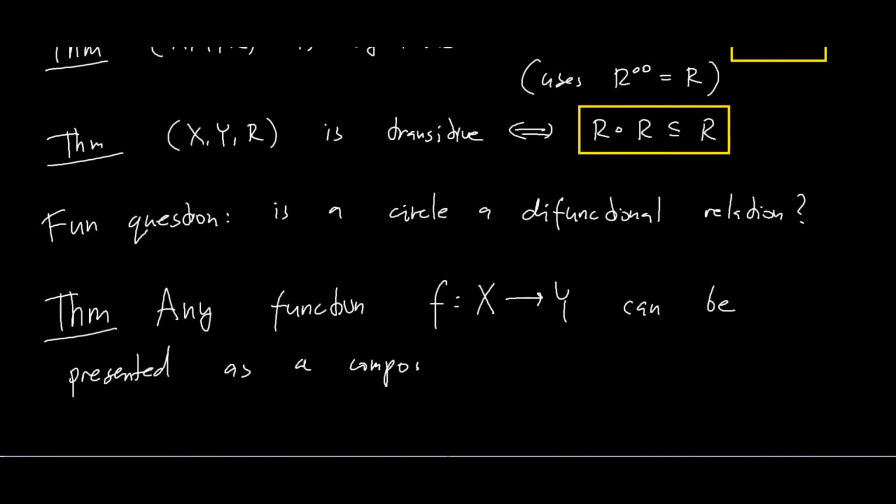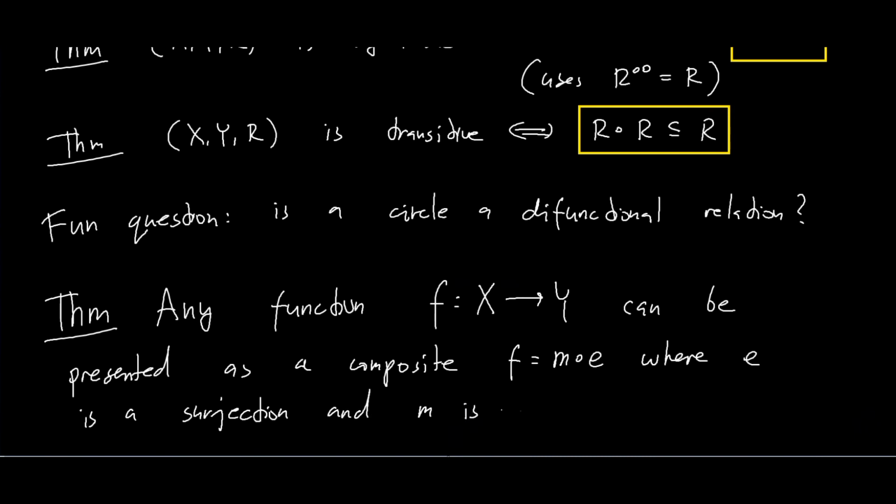Now, because a function is a special case of a relation, we can compose functions, and of course that will be the usual composition of functions we know. Can be presented as a composite f equals m composed with e, where e is a surjection and m is an injection.